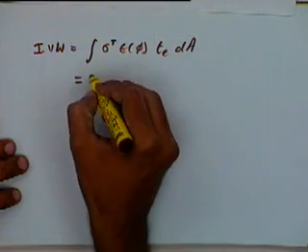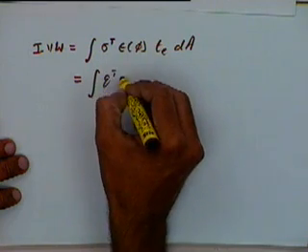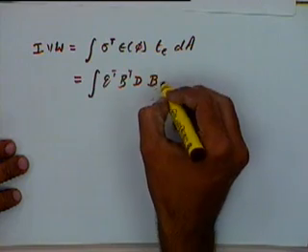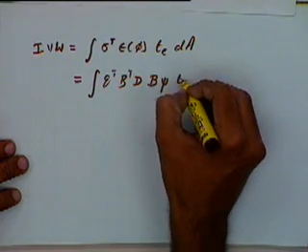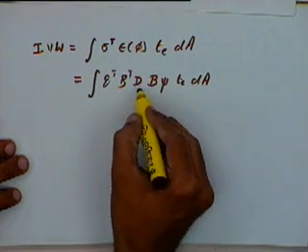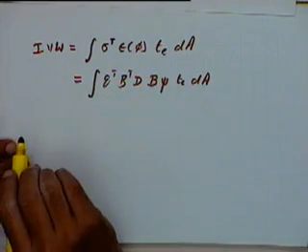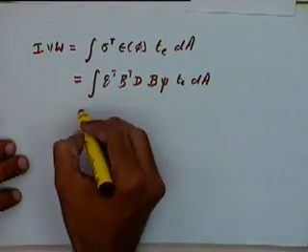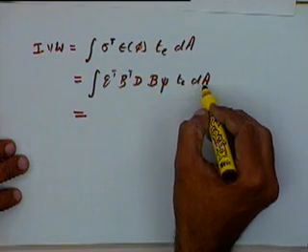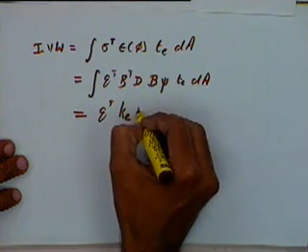This equals the integral of q transpose b transpose d b psi into thickness into dA. Q, b, d, psi and Te are all constants, so the integral of dA gives the area of the element. Finally I get q transpose multiplied by Ke multiplied by psi.